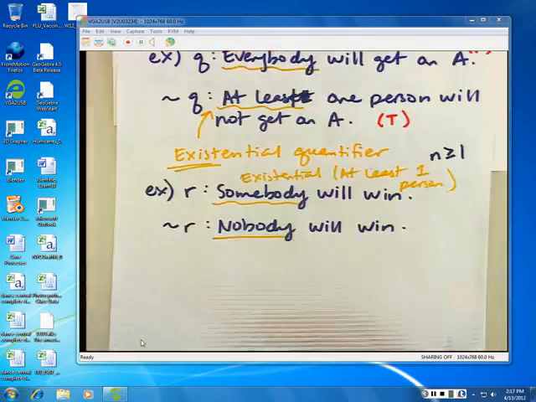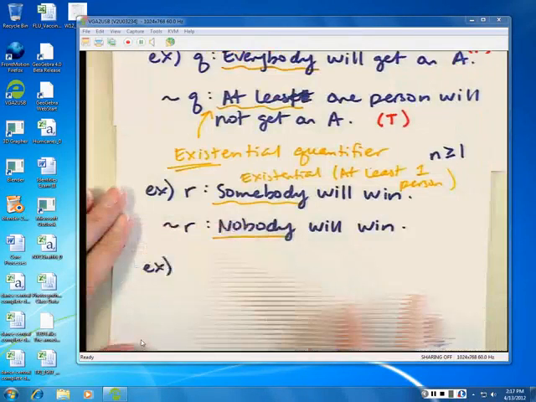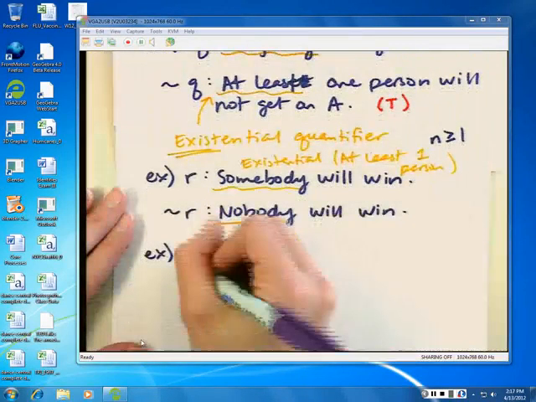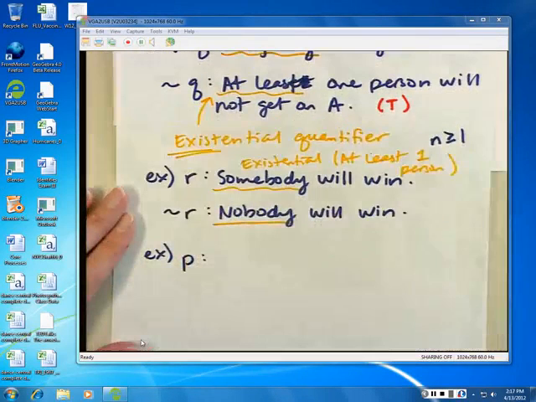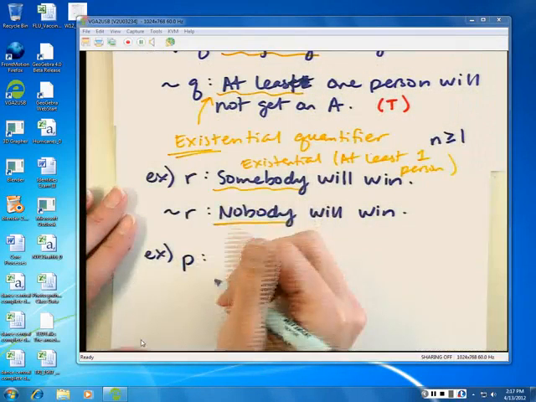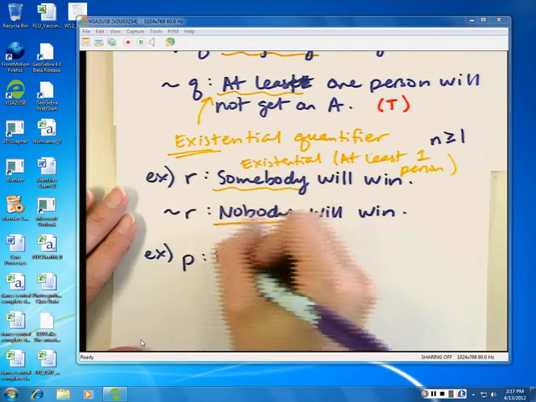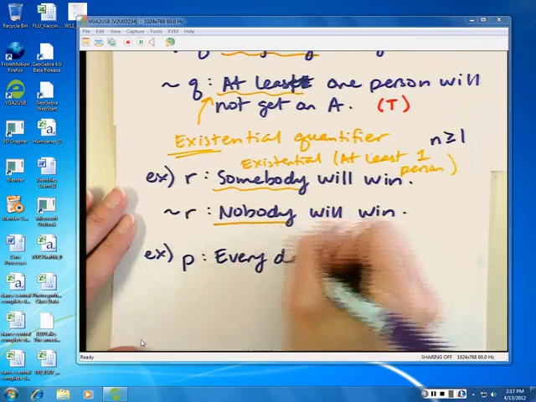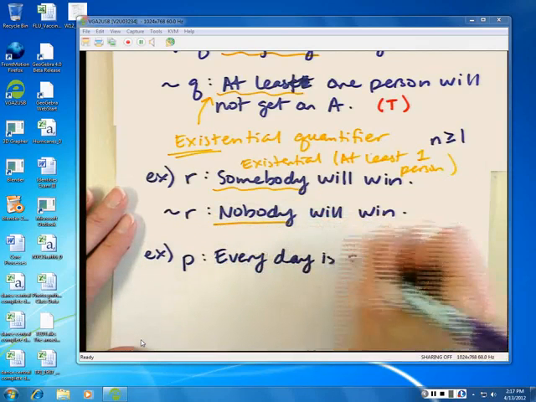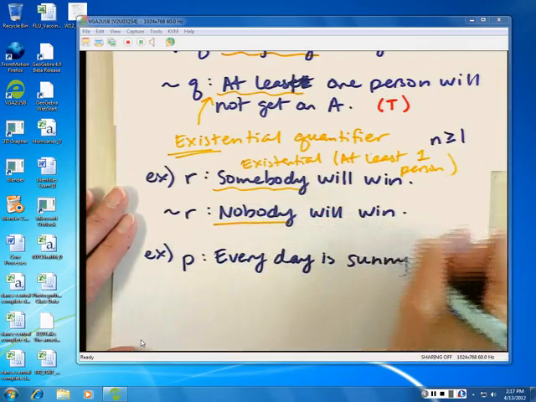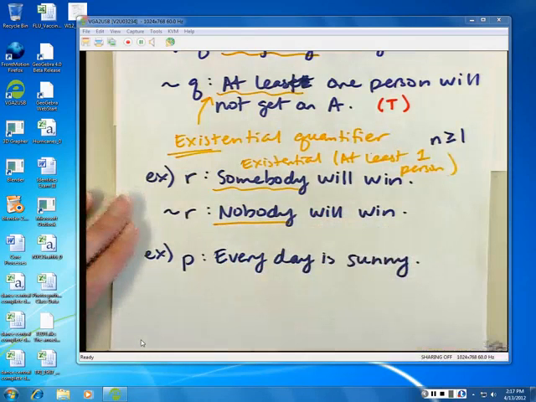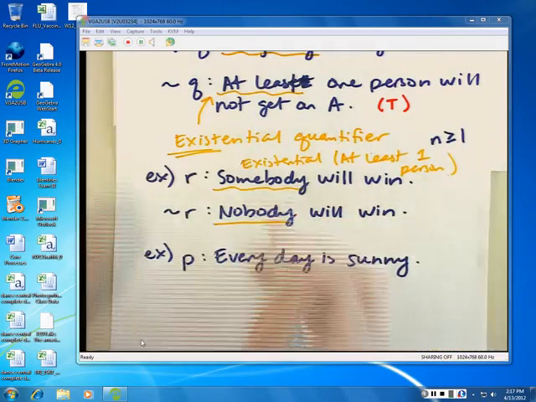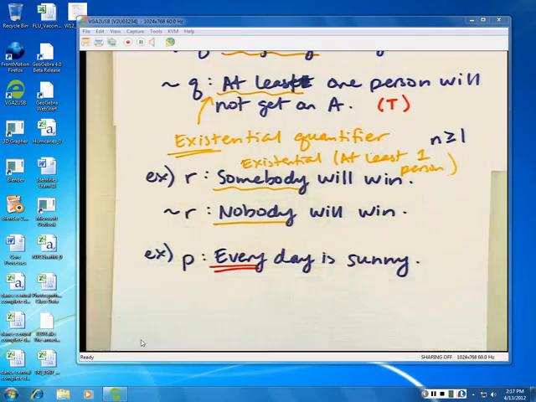Let's do one more with these. Okay, so for example, I'll use P again. Let's say that every day is sunny, which we know isn't true, although it's pretty close to being true where most of us live. Every day is sunny. Every is universal.